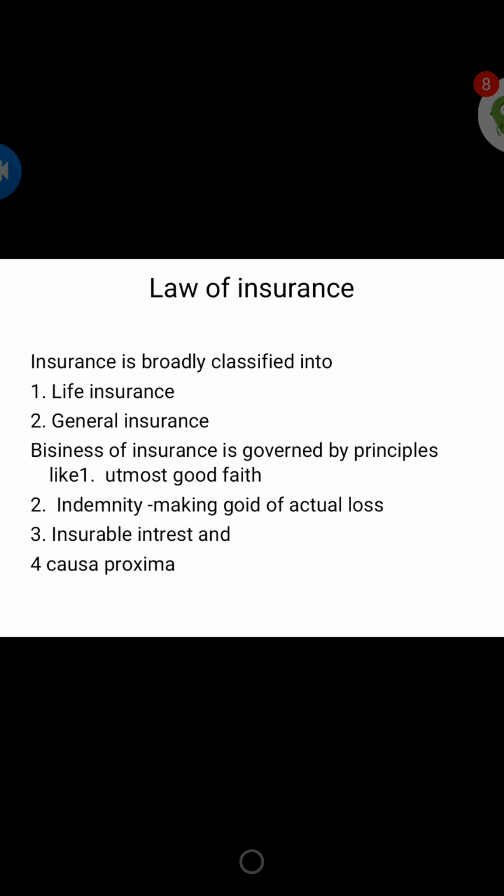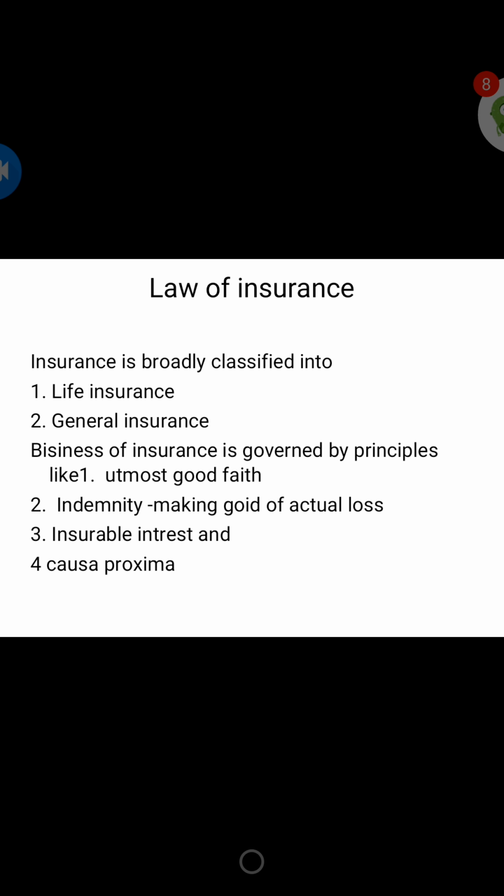Insurance works on the principle of utmost good faith, which means a higher degree of honesty is imposed on both the parties to a contract of insurance. Both parties are protected by this principle of utmost good faith.